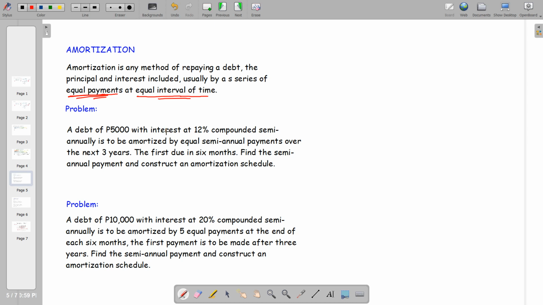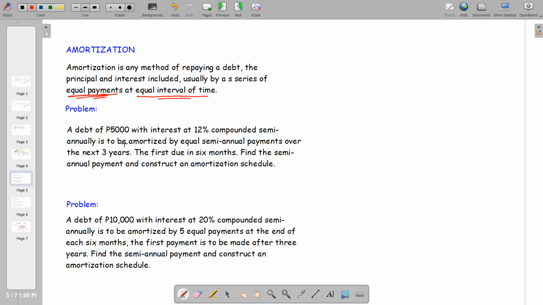So, amortization schedules are usually issued sa mga nangungutang so that they will know what will be the status of their debt if they are regularly paying their amortization. Okay? Kaya sa schedule, makikita mo kung ilang buwan, magkano ang uniform, at magkano na ang natirang utang.